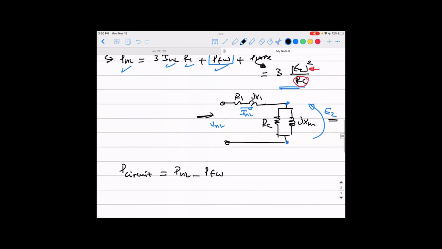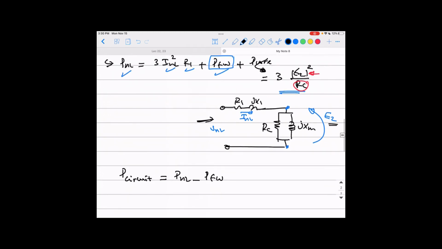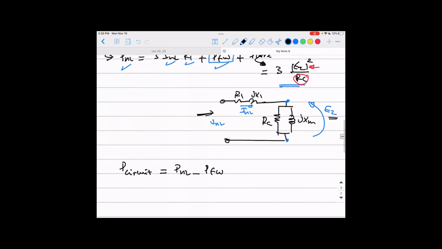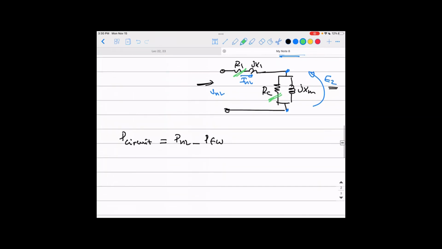So you have the total power here in the no load condition. A part of it will go to this resistance R1, a part going to this resistance RC, but still the friction and windage loss is not included in the circuit, so do not forget it, okay? So here P circuit equals P no load minus P friction and windage, okay, guys?